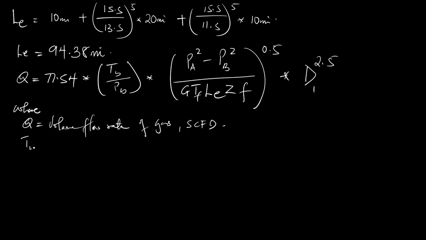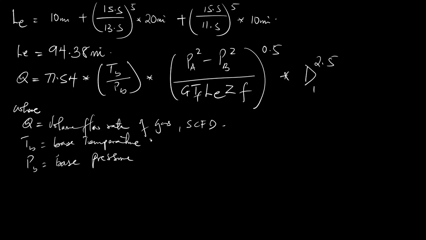We have the TB, which is the base temperature, and the PB, which is the base pressure.